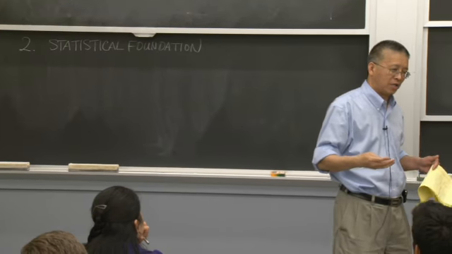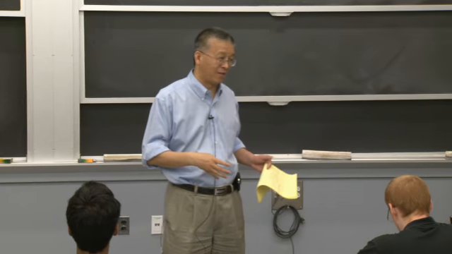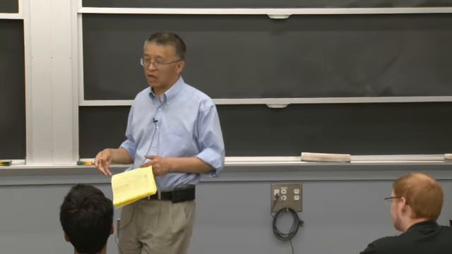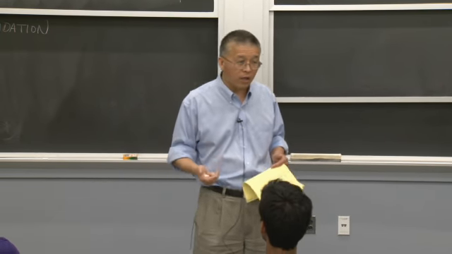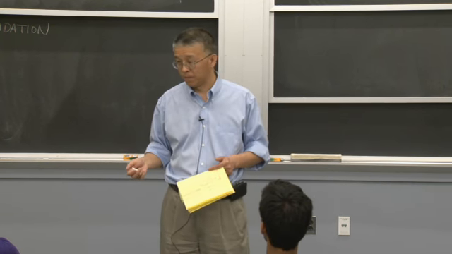And when we discussed the statistics, we said that's too complicated. We're actually going to do ensemble average rather than time average, right? And then we introduced the concept of ergodicity: for an ergodic system, the ensemble average equals the time average.